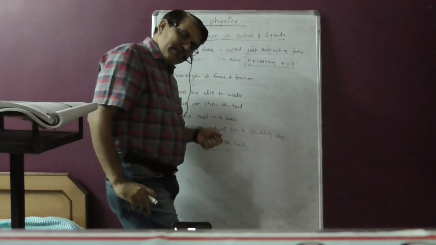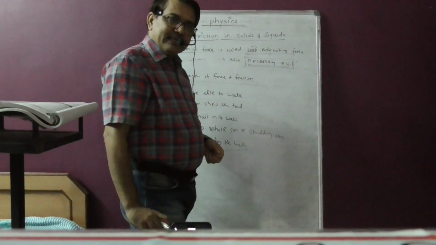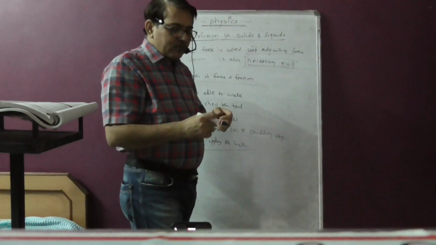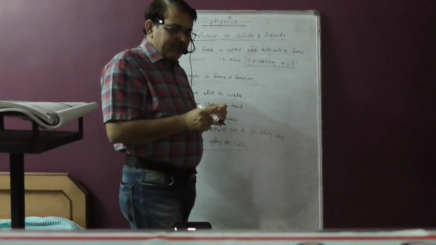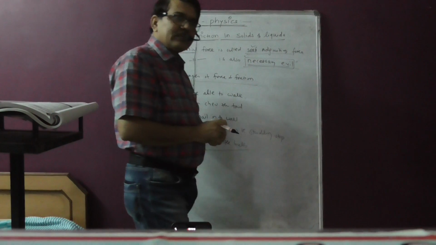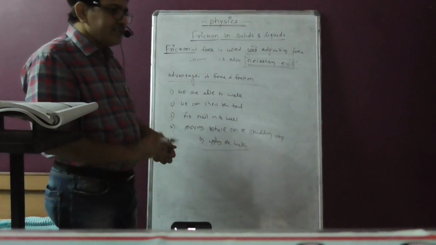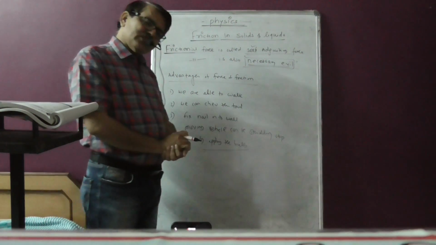As soon as you apply the brake to that car, cycle, or vehicle, then automatically, due to the force of friction between the tire and the brakes, the tire is going to get stopped. So your vehicle gets stopped because of the force of friction. Just imagine the situation.